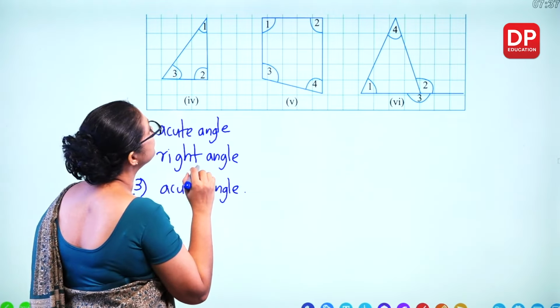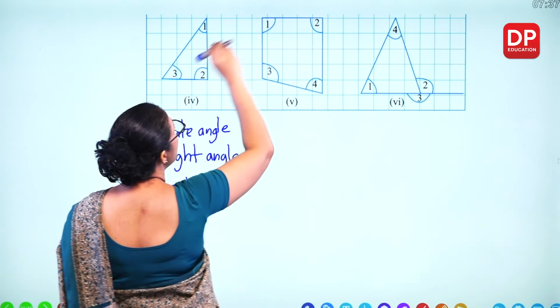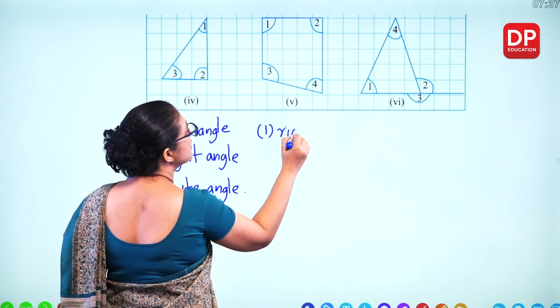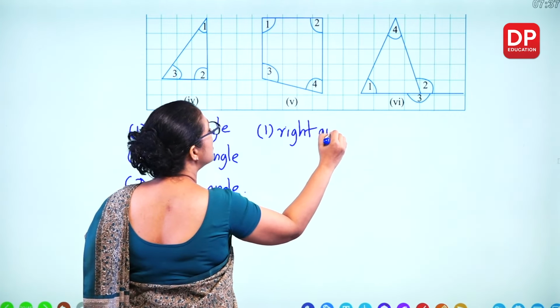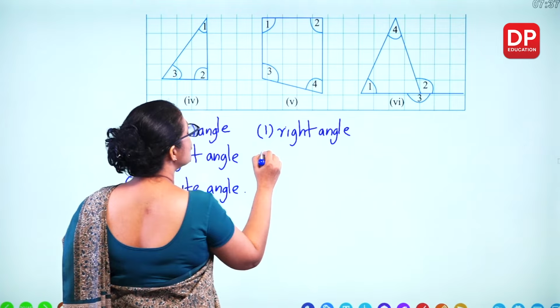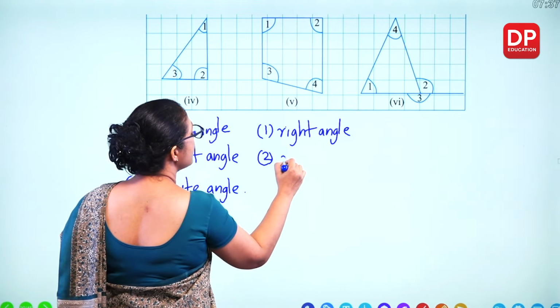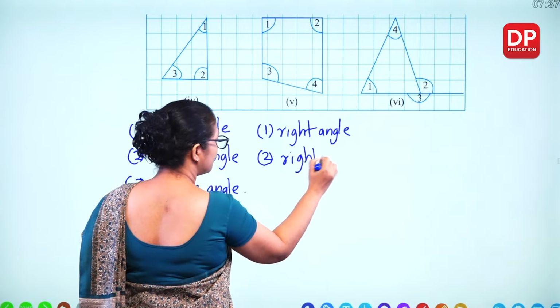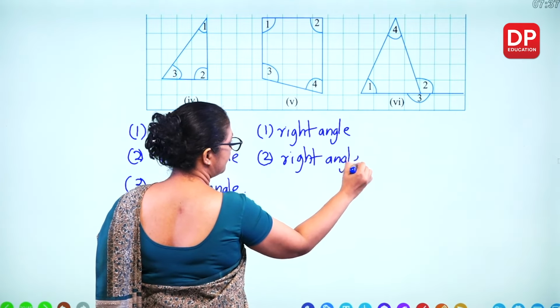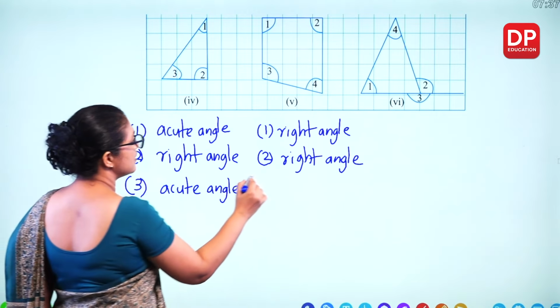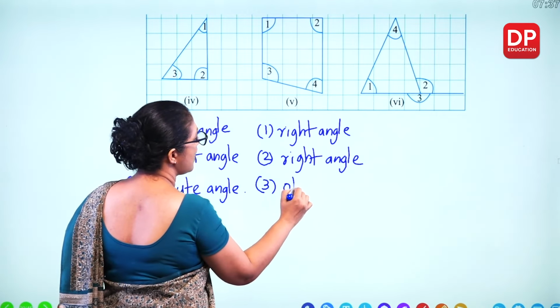This diagram, vertical line and a horizontal line, it's like a right angle. 2, horizontal line and the vertical line, right angle. 3, more than a right angle, that's an obtuse angle.